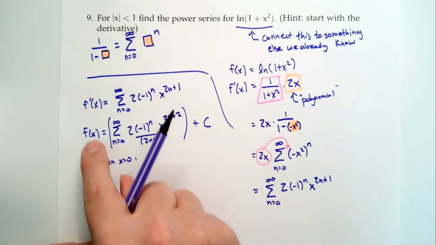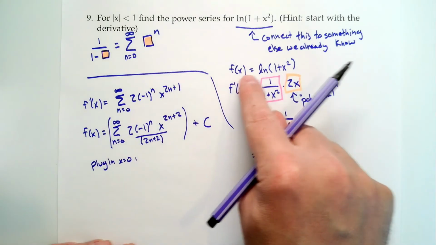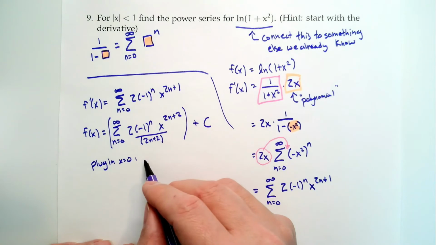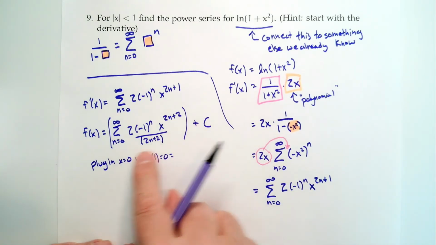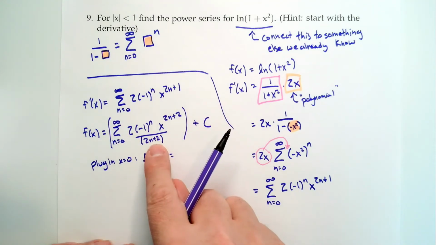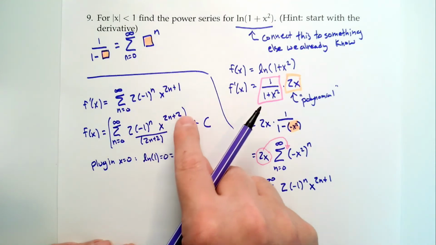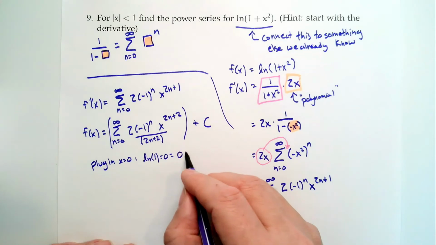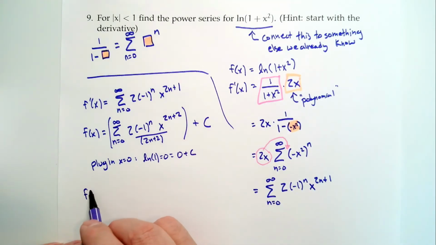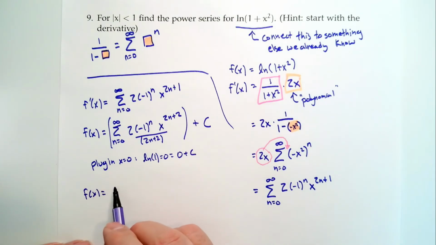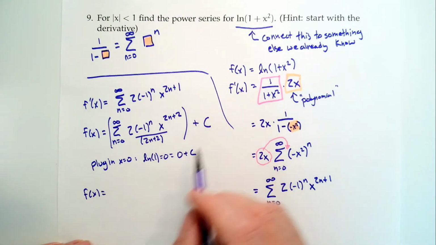We get f of 0. Well, f of 0, that's log of 1, which is equal to 0. When we plug 0 into this expression, all the terms are going to be 0 because it's 0 to a power, so we get 0 plus c. And so our answer is, well, the c is gone.